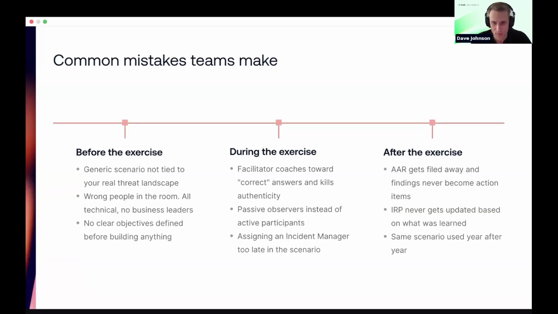Another thing was passive observers instead of active participants. That was one of the biggest things I realized. This is common in many meetings, where you have one or two people who are really active, but the others don't chime in.